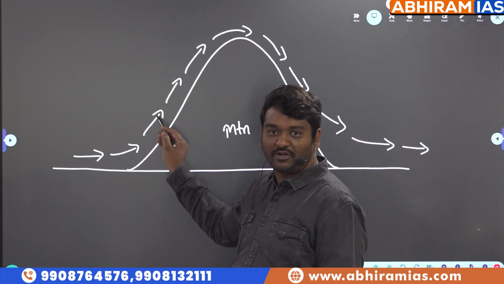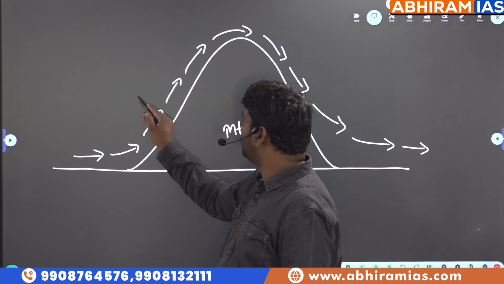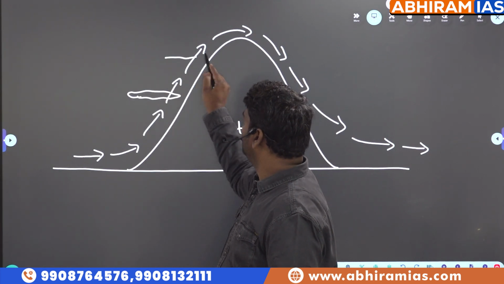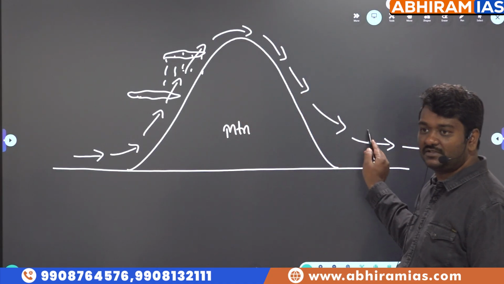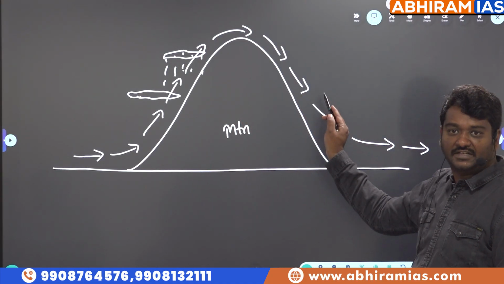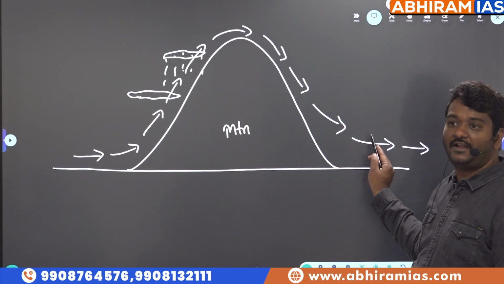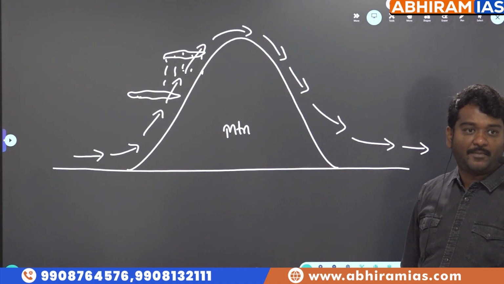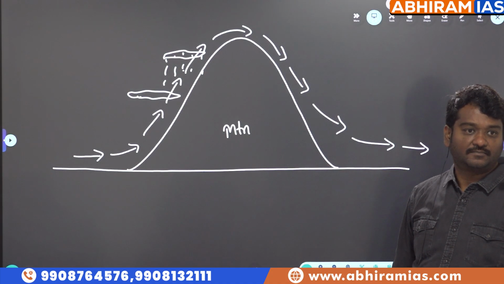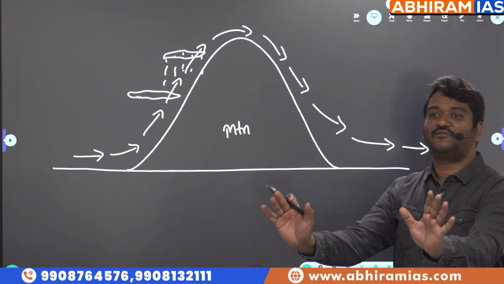Air rises. Will it cool? Cooling means what? Clouds. Will clouds give rainfall? Yes. Here what is the case? Descending. Descending means what? Adiabatic heating. Adiabatic heating means no rainfall. Adiabatic cooling means rainfall.